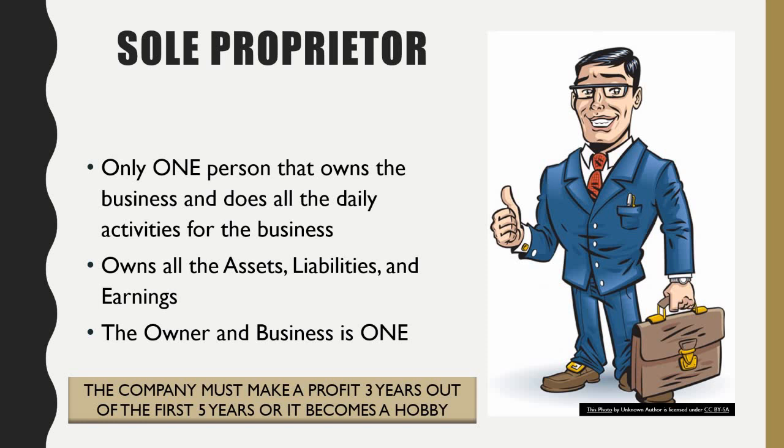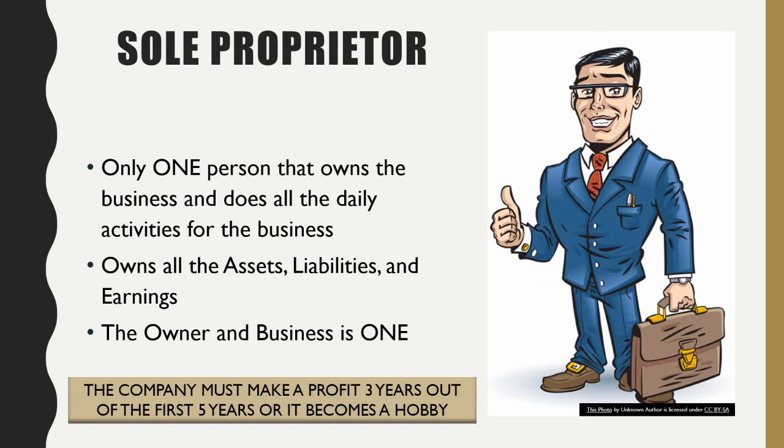The IRS gives sole proprietors a specific criteria: the business must make a profit at least 3 out of the 5 years of doing business. If it fails to do so, the business becomes a hobby, and hobbies cannot be tax write-offs or tax deductible.